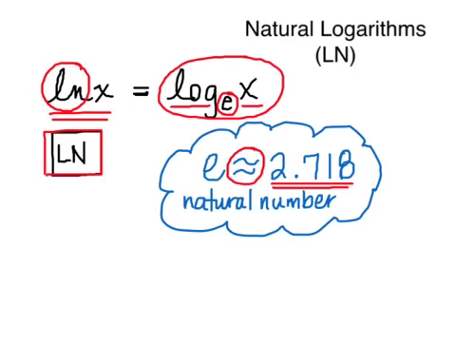So you'll see this letter from time to time, and it's kind of similar to how pi is a Greek letter that always represents approximately 3.14. That actually is an irrational number that goes on and on and on, but we round it to 3.14 a lot of times just for simplicity's sake. But pi always represents that number, and it doesn't vary. So e has similar properties to that.